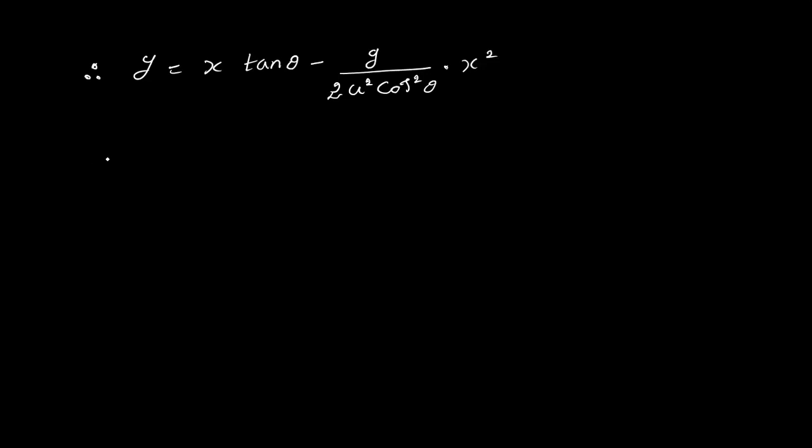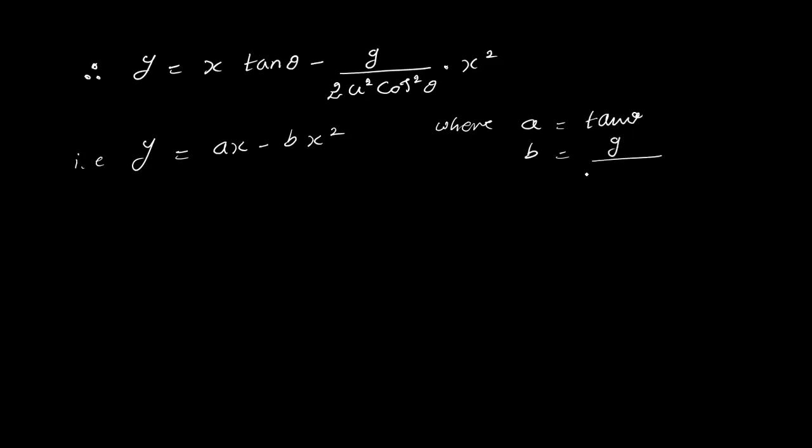Okay, so I'm taking this as ax minus bx square. I'm taking these as constants, where a is tan theta, and b is g by 2u square cos square theta.